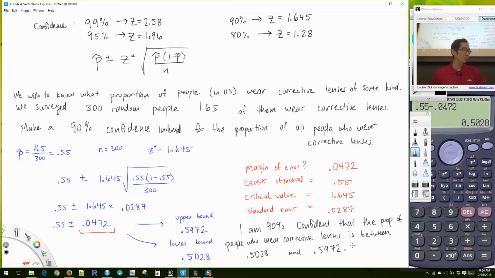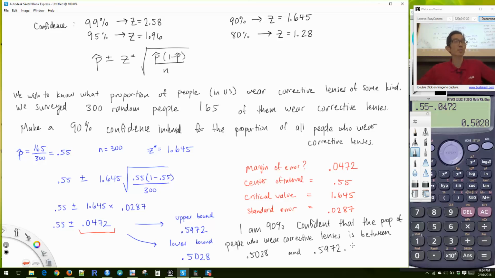So I'm 90% confident that the proportion of people who wear corrective lenses is between 50% and 60%, basically. Or I could say 55%, give or take 5%.